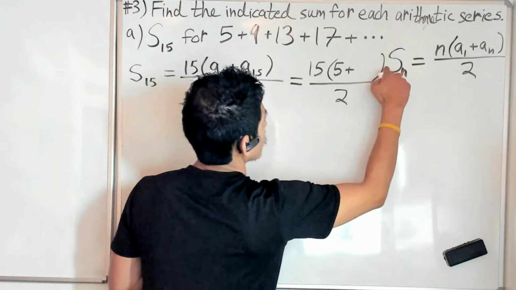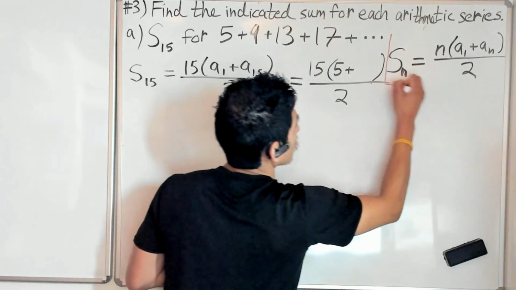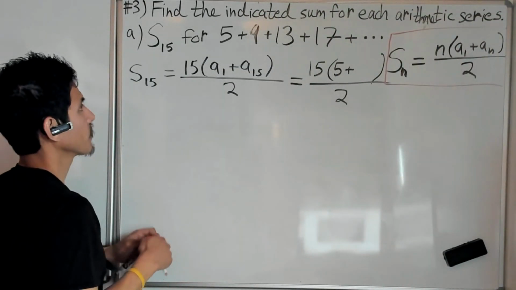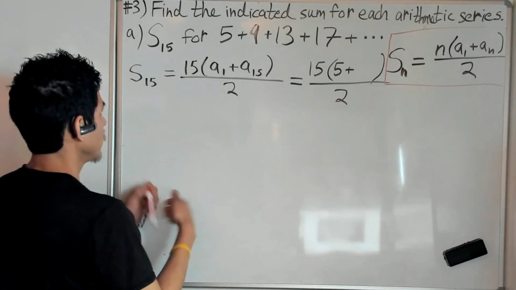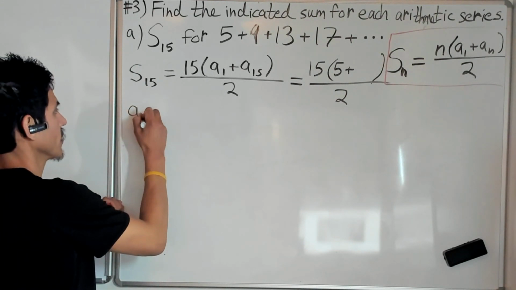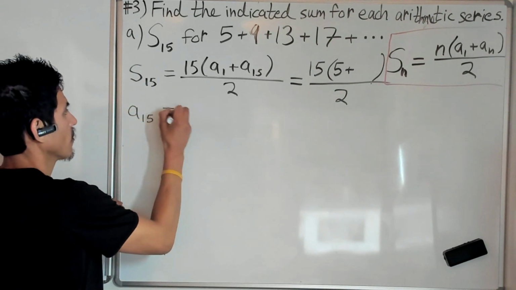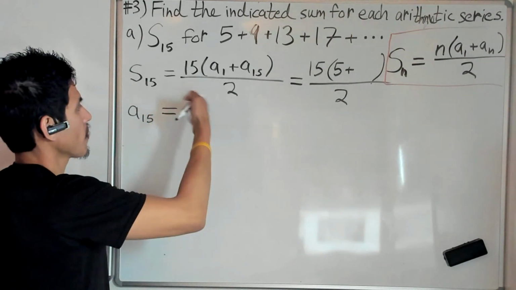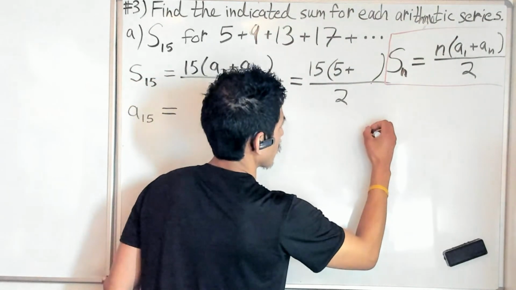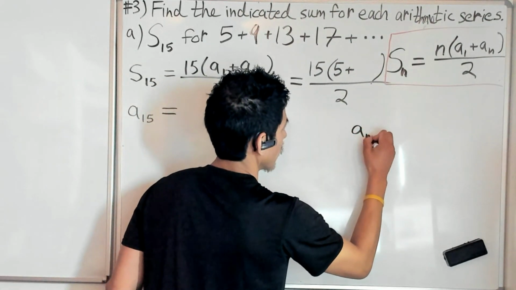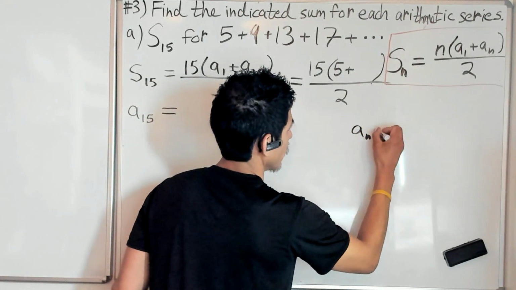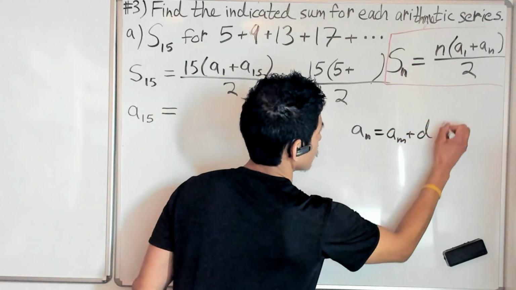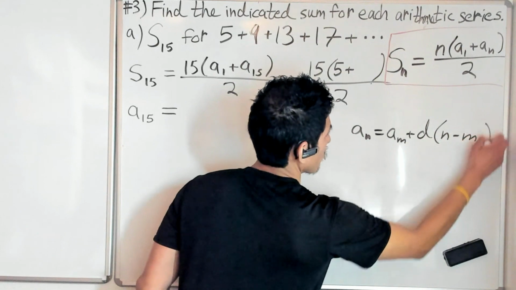And let me put this in a red box so it doesn't get confusing. Okay, so then we need to find A15. For this, we can use our other equation for the nth term, where an equals am plus d times (n minus m).